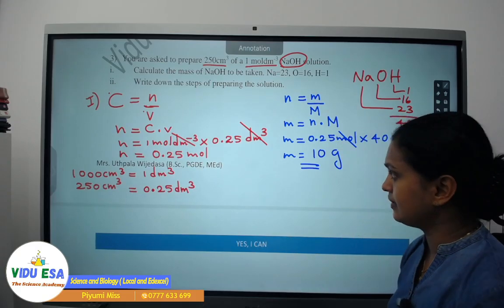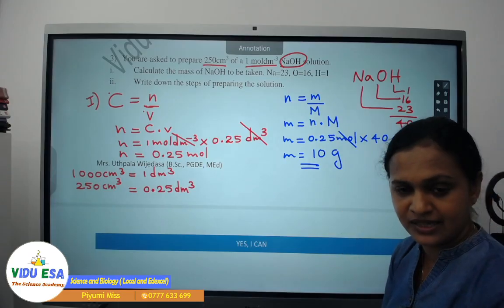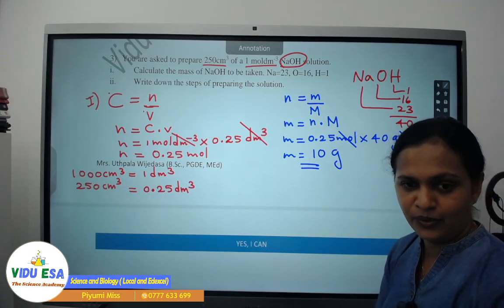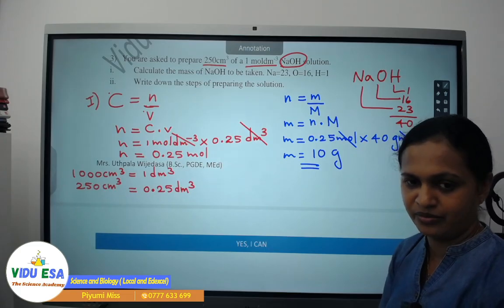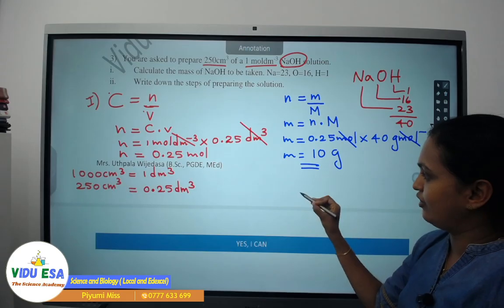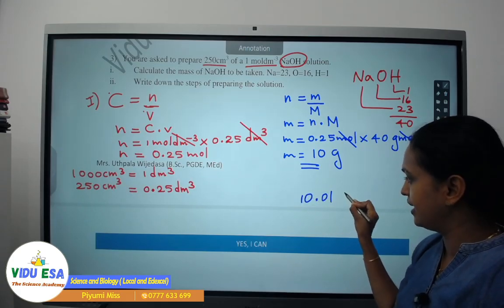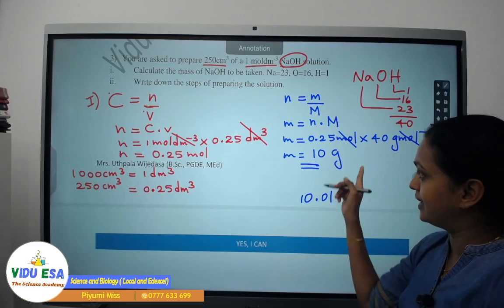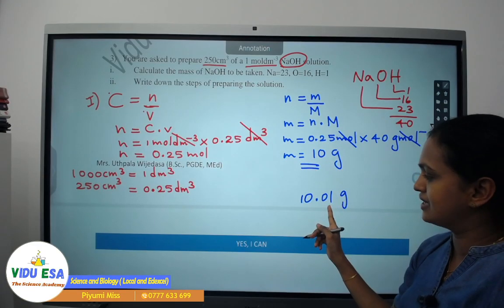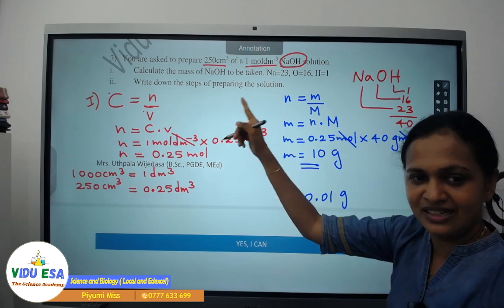So here, the measurement of mass is very important. The accuracy of the mass is very important, because if it becomes 10.01 grams instead of 10 grams, then the concentration will be different. If the mass is 10.01, what is the concentration?